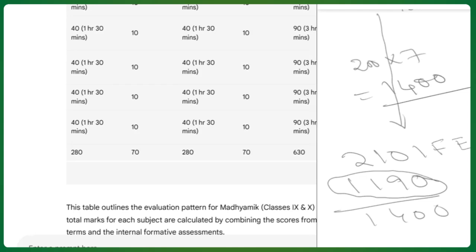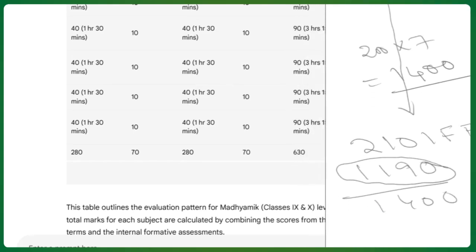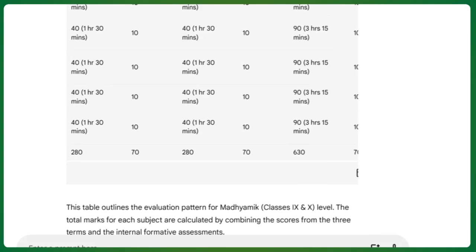So this is the table outline for the evaluation pattern of Madhyamik class 9 and 10, the total marks for each subject. Okay.